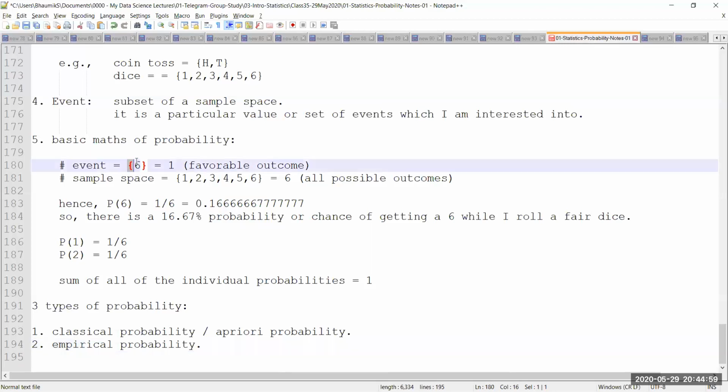My favorable outcome in this case will be what? I don't have COVID-19. So let's say there are 500 people I've scanned and there are 415 people who do not have any symptoms at all related to COVID-19 and they are O positive.